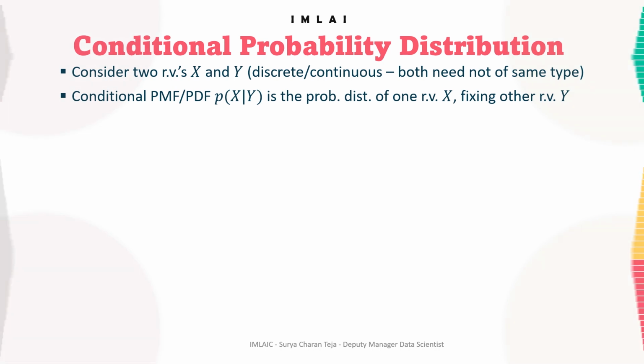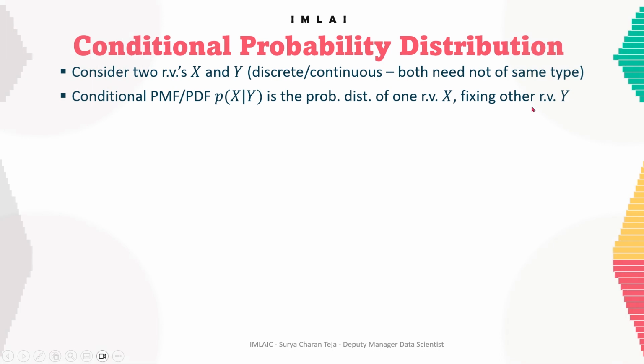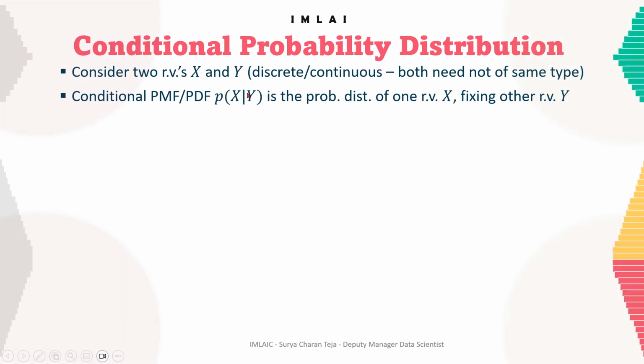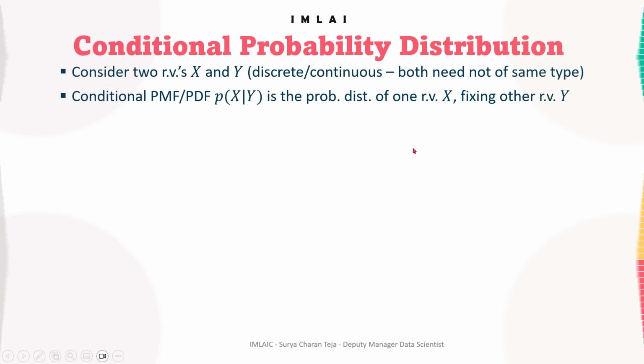So the conditional probability mass function or probability density function, P of X given Y has occurred, is the probability distribution of one random variable X fixing the other random variable Y. That's what it means.